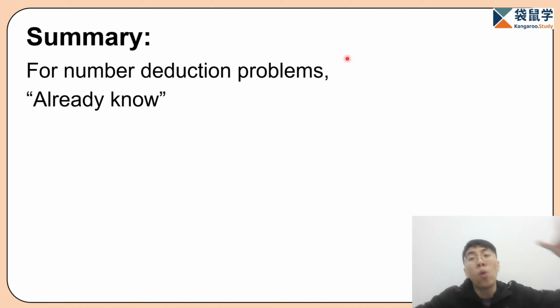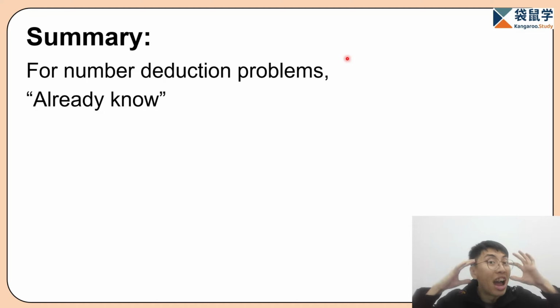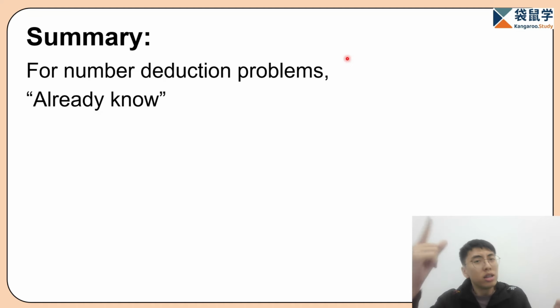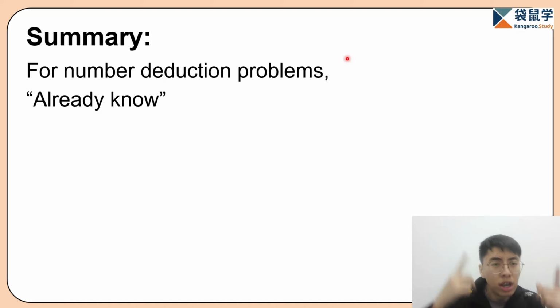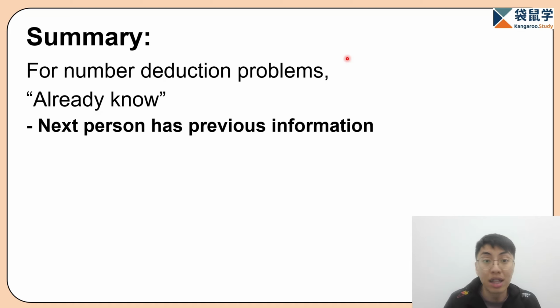Firstly, it requires a basis that the students themselves are very, very smart. They know what the numbers or the related content are. And once they say they already know, it relies on one singular thing. Each of the next person has all of the previous information that the person has said.